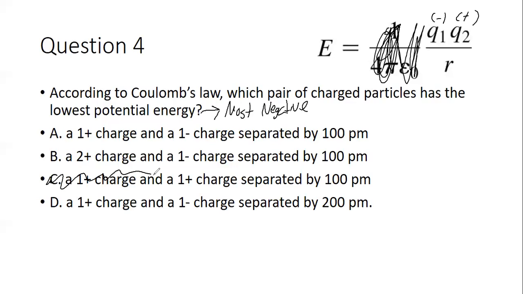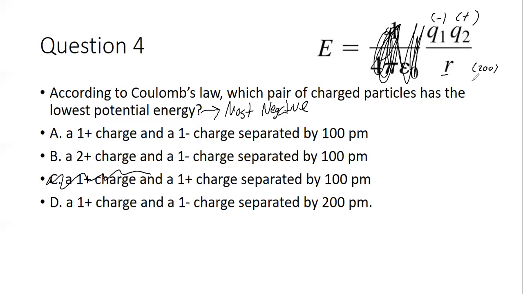All right. Now we have to do distance, right? We are dividing this by distance. Things that have a shorter distance will have a more negative energy, right? Because for D, my R is 200, so my denominator is 200.